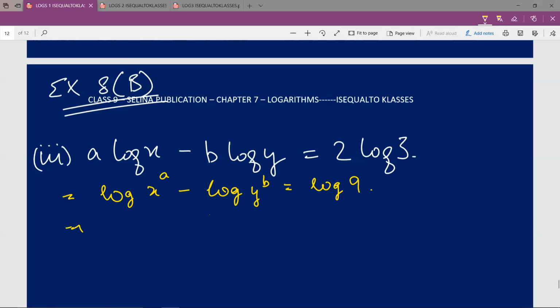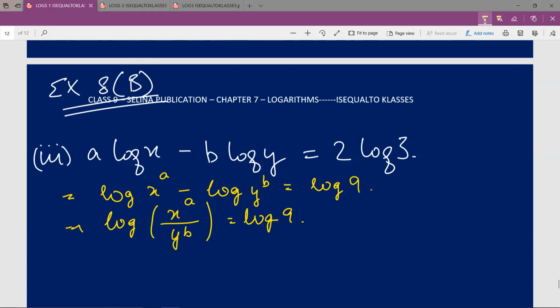So over here, according to the second law, I could write this as log of x raised to power a divided by y raised to power b is equal to log of 9.